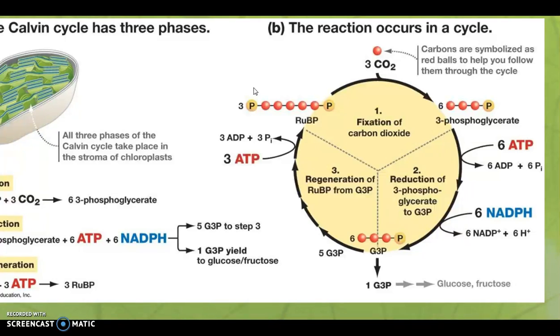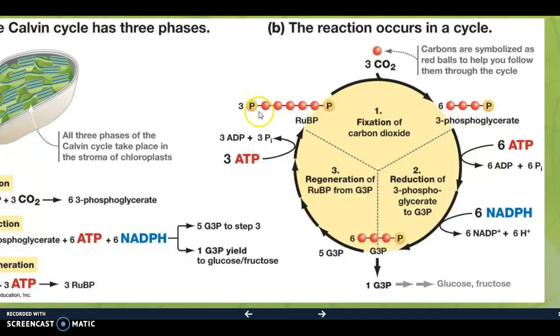So this enzyme rubisco allows RuBP and CO2 to associate, which creates this temporary 6-carbon molecule. And it's a temporary molecule because it's an unstable molecule. And the 6-carbon molecule that's created from this RuBP and CO2 almost immediately splits into 2 3-carbon molecules called 3-phosphoglycerate.